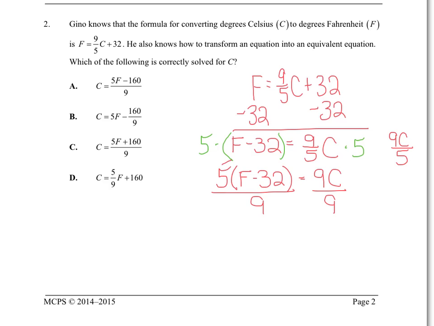So if I distribute out my 5, I'm going to have 5F minus 160 all divided by 9 equals C. If you did this in one step and multiplied by 5/9, that's fine as well. But remember that you'd have to multiply 5/9 by F and by negative 32, and you should still get this answer. So our answer is going to be A.